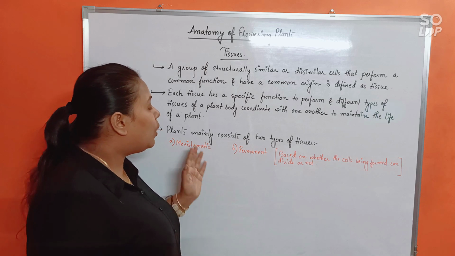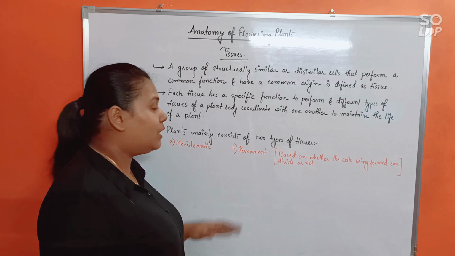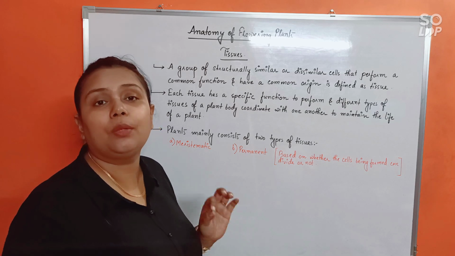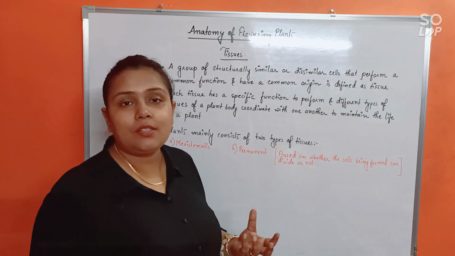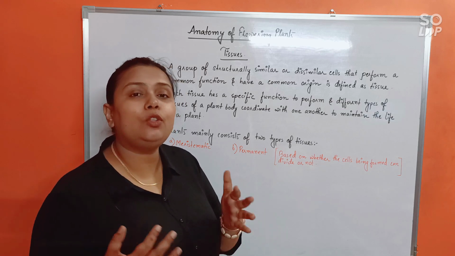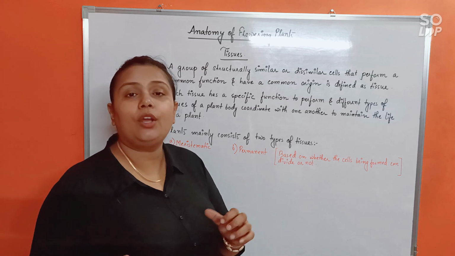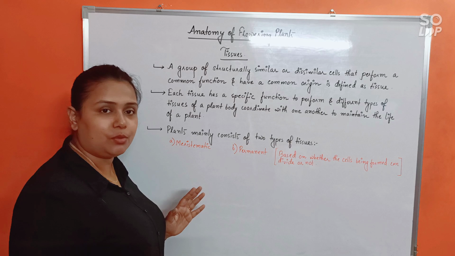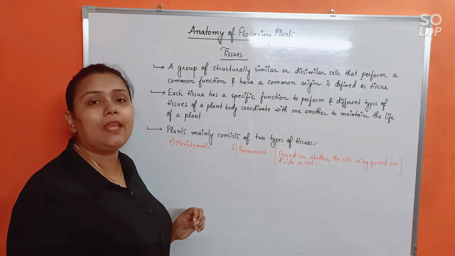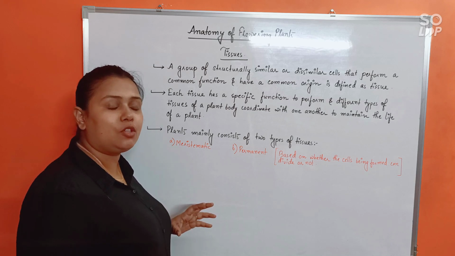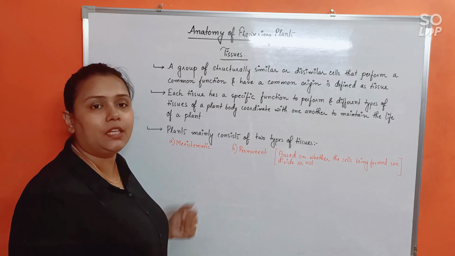Okay. Now what is the basis of this differentiation? The basis is nothing but the power of division. Do remember. That means once the tissue is formed, the tissue gives rise to new cells, and whether those cells are able to divide or not is the question. For example, in the case of meristematic tissues, they retain their power of division. The cells formed by these tissues will be able to divide continuously.